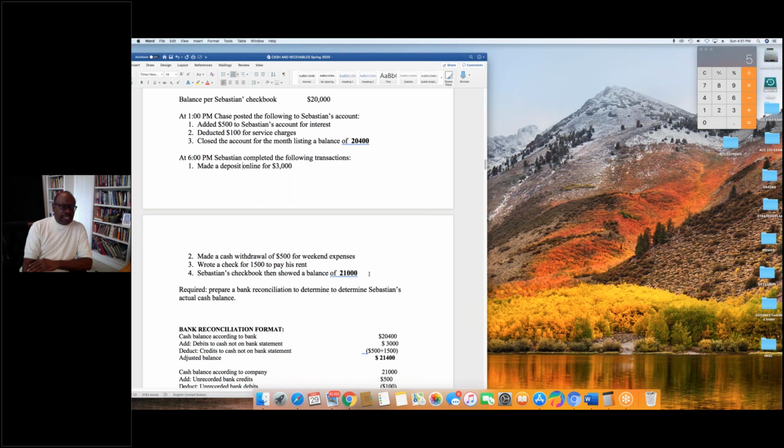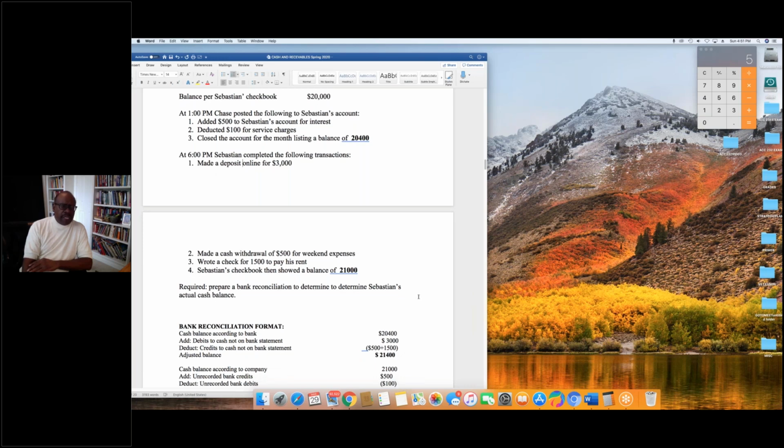Okay, so we're going to do our format. We're going to start with the bank. The bank balance showed $20,400. And we're going to jump to the transactions that Sebastian had that the bank didn't have. So Sebastian deposited $3,000. We're going to add that to the bank statement balance.